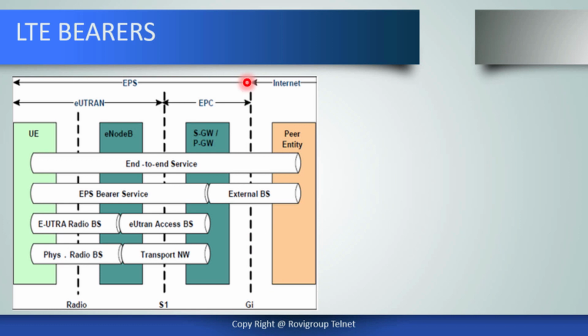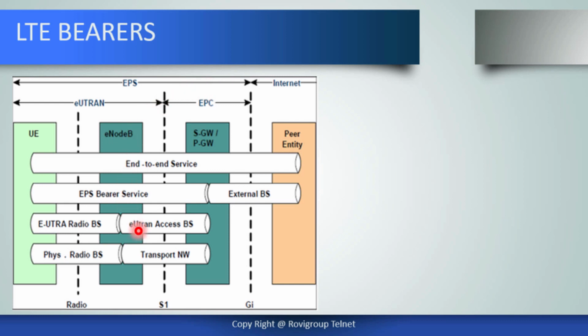LTE bearers. The EPS bearer service describes the overall connection between the UE and the core network edge node, which is the PGW. EPS carries the end-to-end service and is associated with quality of service attributes as decided by the operator.